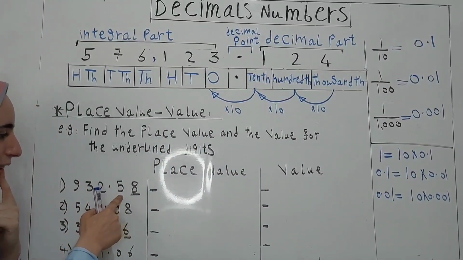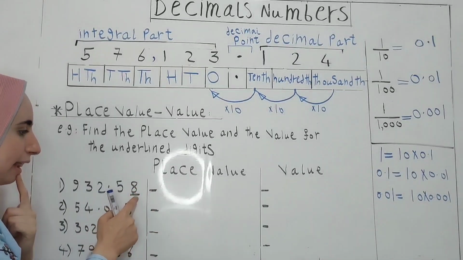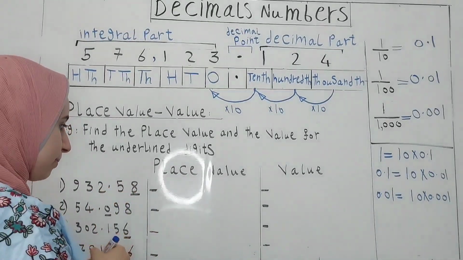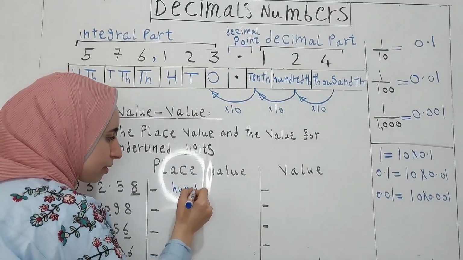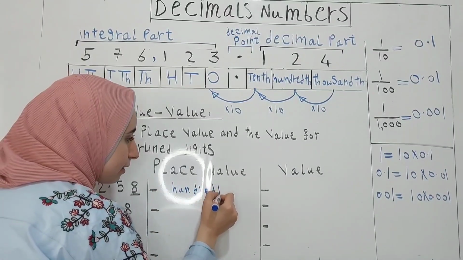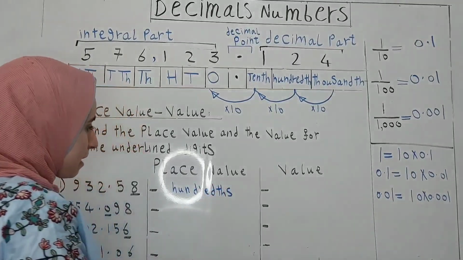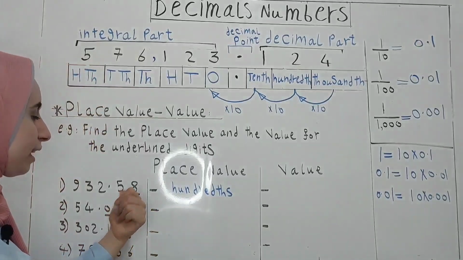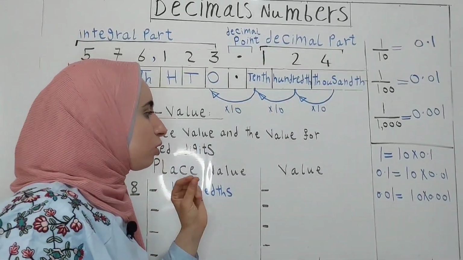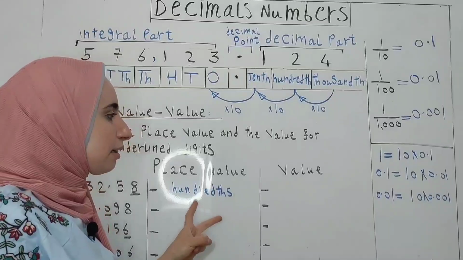This is tenth, and 8 is in the hundredth place. Hundredth place. Now we need to write the value for the digit 8. So we need to write 8 hundredth.